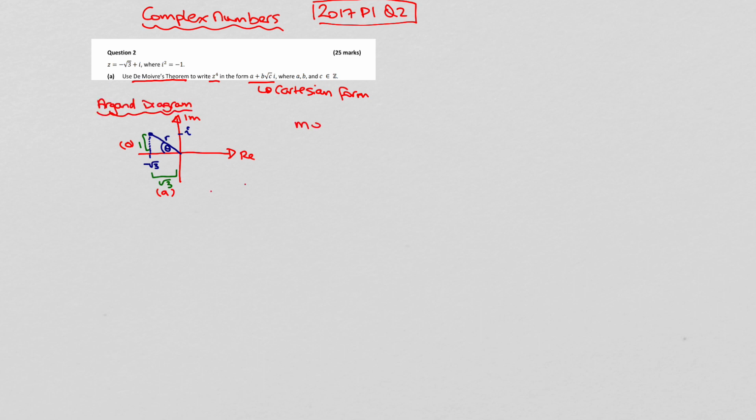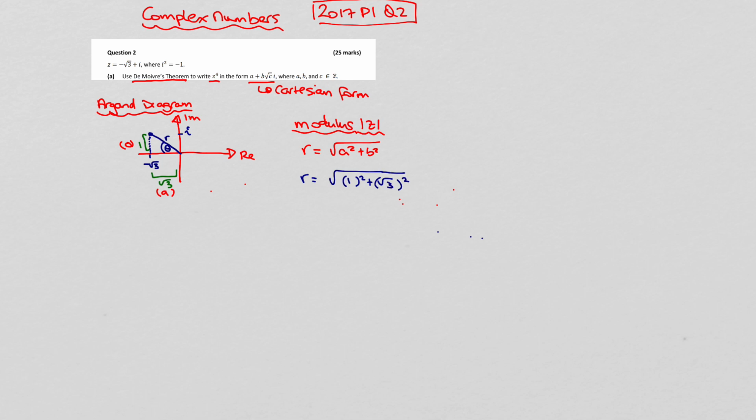So our modulus can be found if we look at that diagram by using Pythagoras. So in other words, r is equal to the square root of a squared plus b squared. And the modulus can also be written as the modulus of z. So if I sub in my values there, I have 1 squared plus root 3 squared.